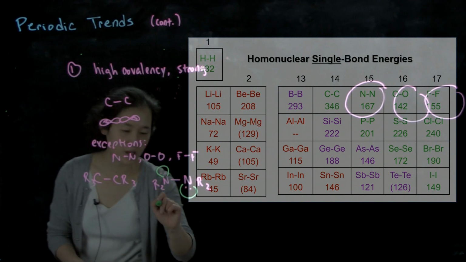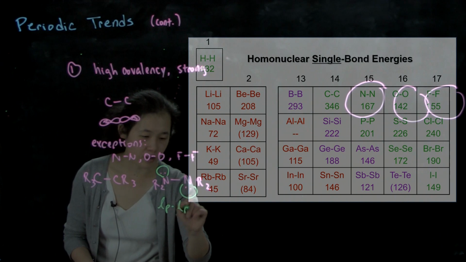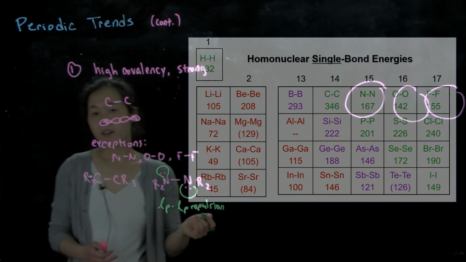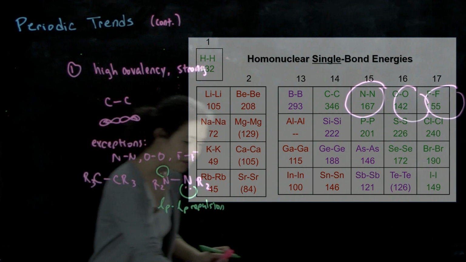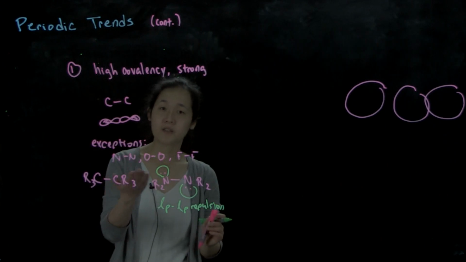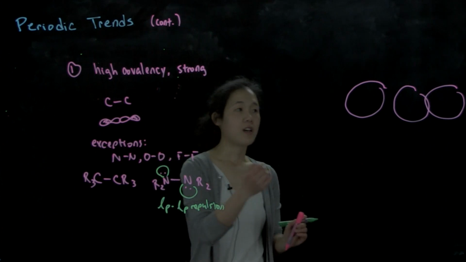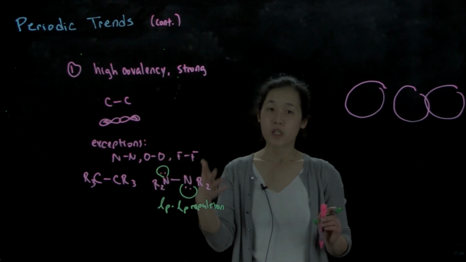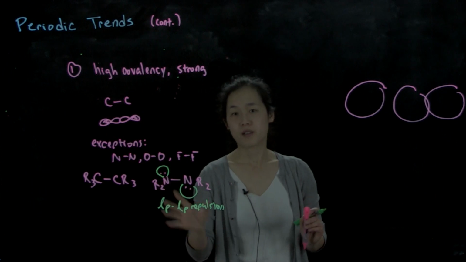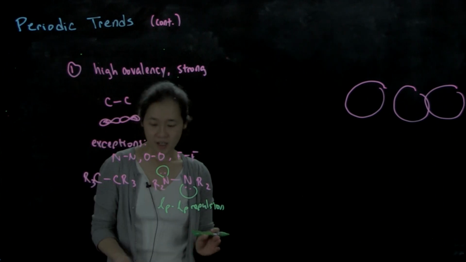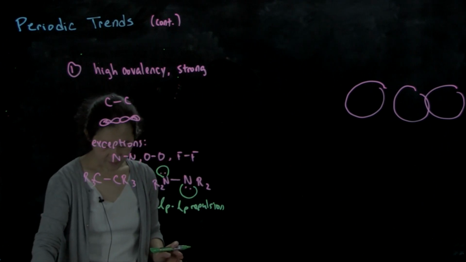So this is lone pair repulsion. The same factors occur for oxygen-oxygen and fluorine-fluorine. They have even more lone pairs. Because of that, these single bonds are weaker due to the ones with lone pairs. So that's the exception to our uniqueness principle of strong bonding.